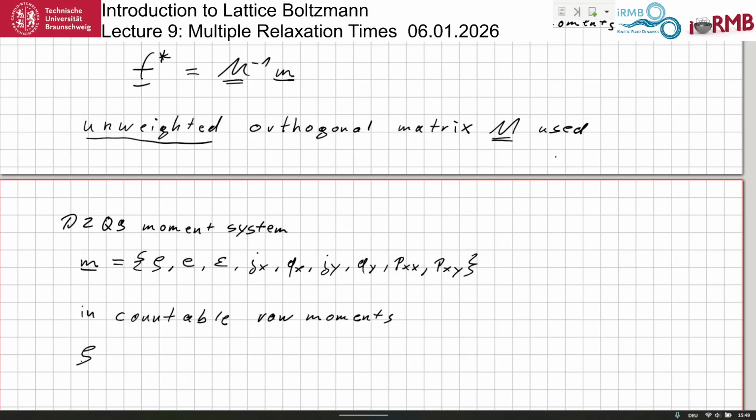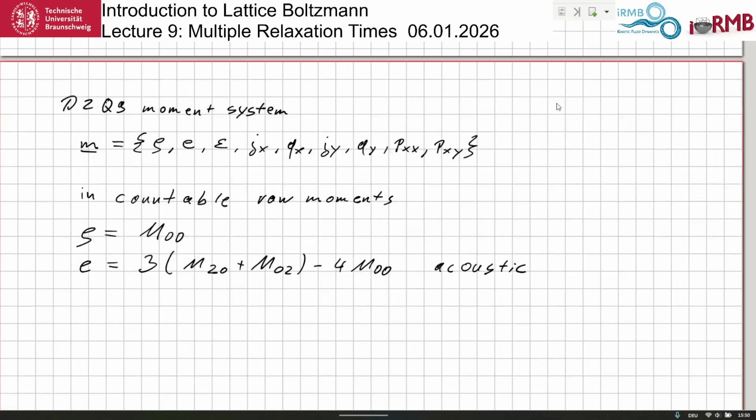If you write this in our moments, rho would be m00, very simple. E is not really the pressure. It's 3 times m20 plus m02 minus m00, and this is supposed to be the acoustic moment. Now, if you think this looks stupid, this is because it is stupid, and later we'll understand why.